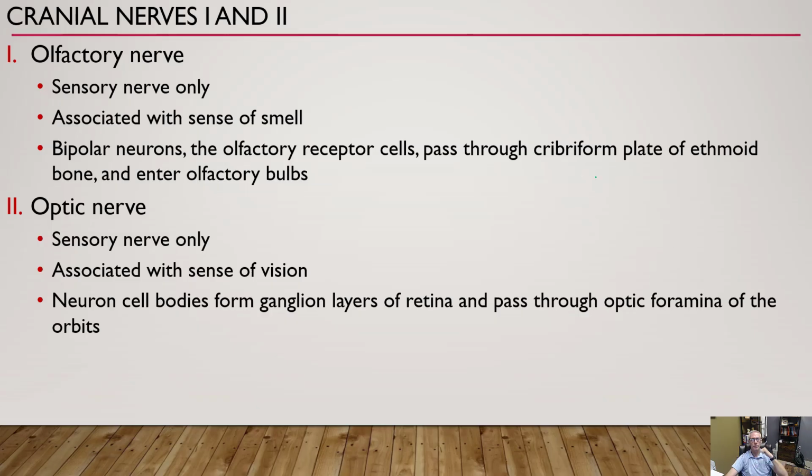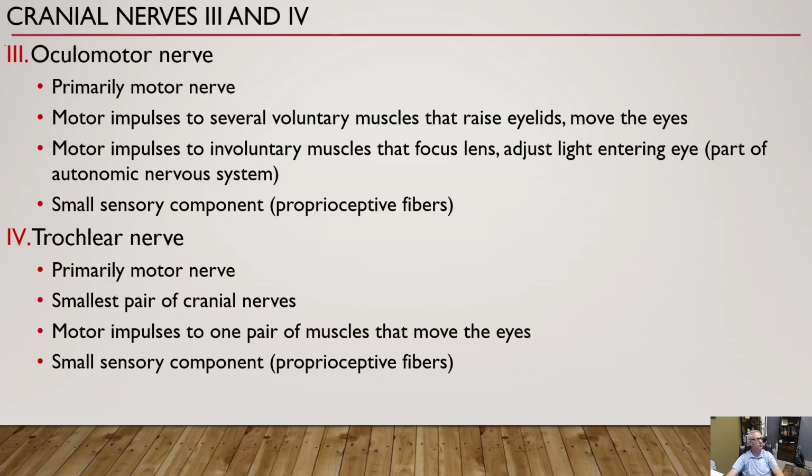Cranial nerve number 1, olfactory nerve, sensory nerve only, sense of smell. Cranial nerve number 2, optic nerve, sensory nerve only, eyes, vision. Cranial nerve number 3, oculomotor nerve.